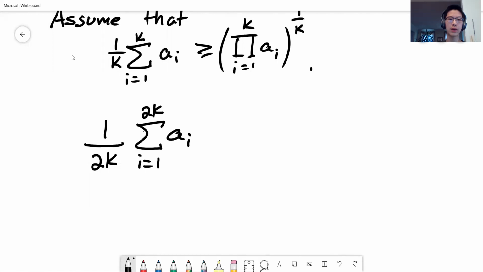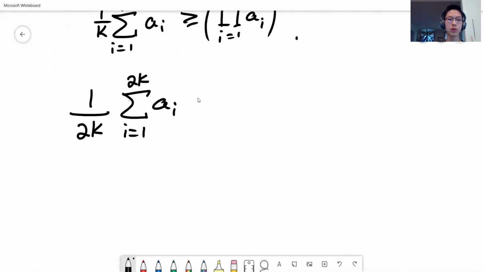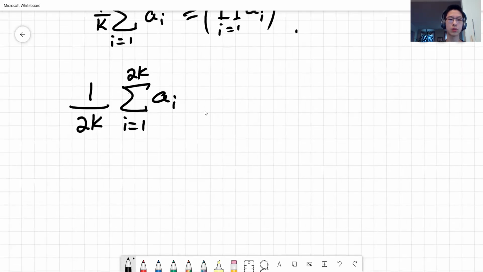Okay, so we have this sum, right? We can divide it into 2. So the sum goes from i equals 1 to k, and then you can go from k plus 1 to 2k, and they'll have the same number of terms.